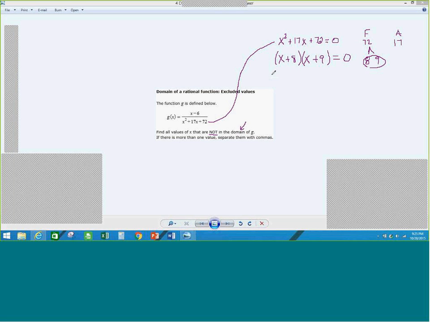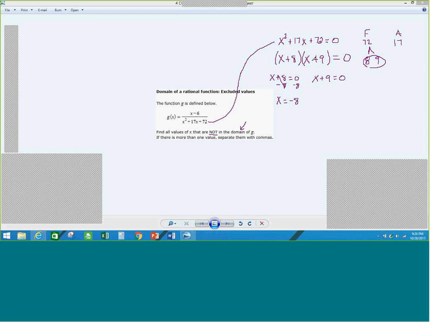To solve the equation, you use the zero product rule, take each factor separately, and set it equal to zero. Two little baby equations that don't really pose much challenge to us. At this point, I just use the opposite of what I see because I know where this is going.